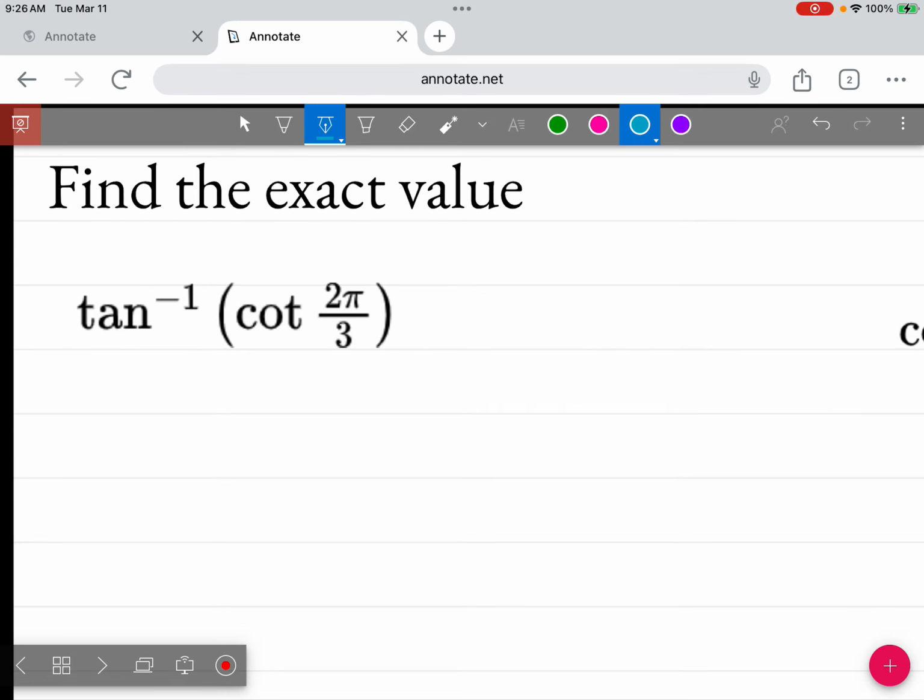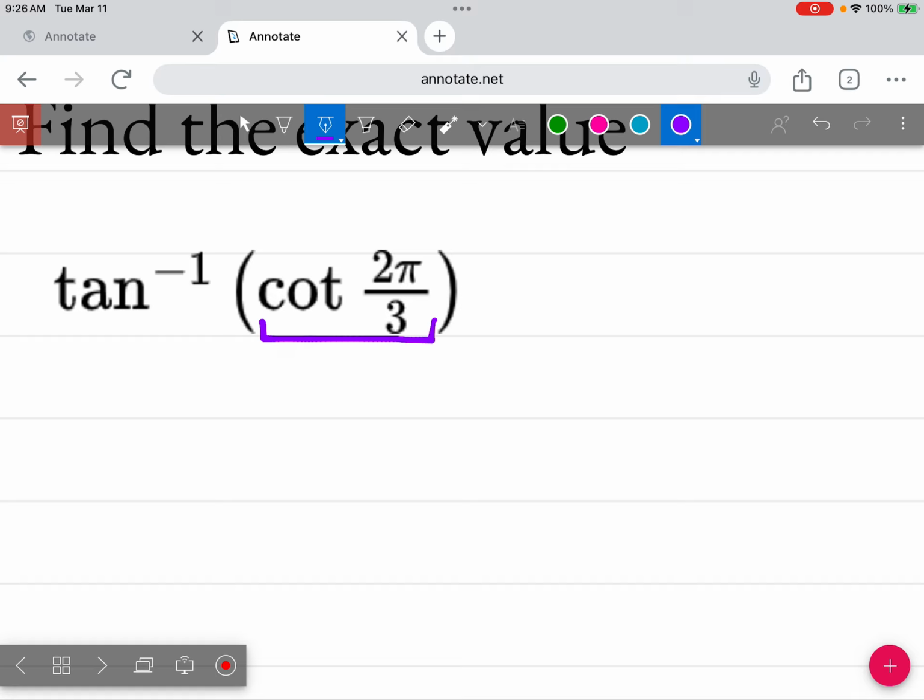All right, so let's look at inverse tangent of cotangent of 2 pi over 3. We start from the inside. So our first thing to look at is cotangent of 2 pi over 3. Well, cotangent is the reciprocal of tangent.